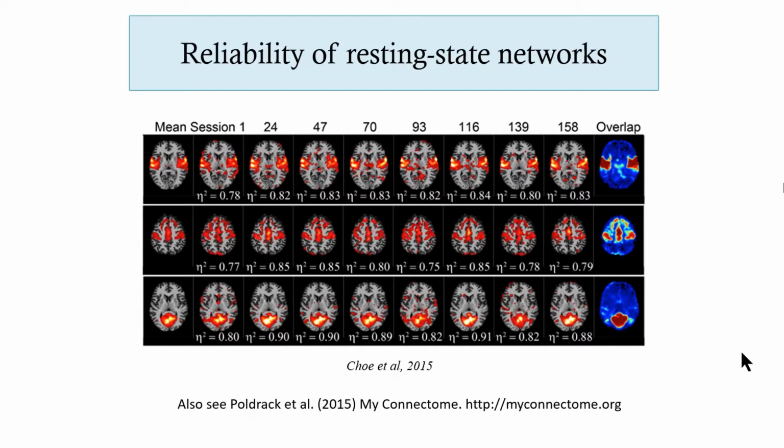This also makes it very interesting to look at another data set, which is complementary to the Human Connectome Project. It's named MyConnectome, and it's released by the Stanford group. It looks at a single brain and scans it repeatedly for over a year, which is an extreme case for those who are interested in looking at reproducibility of different network patterns.